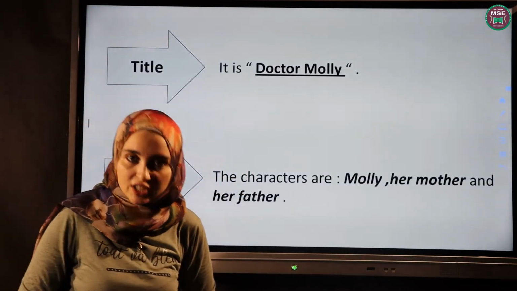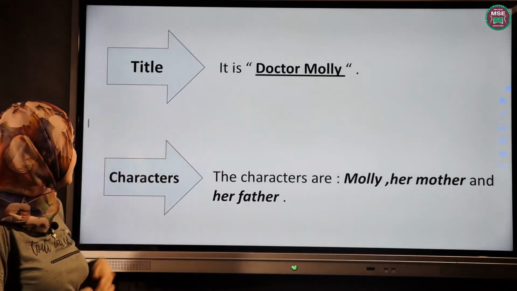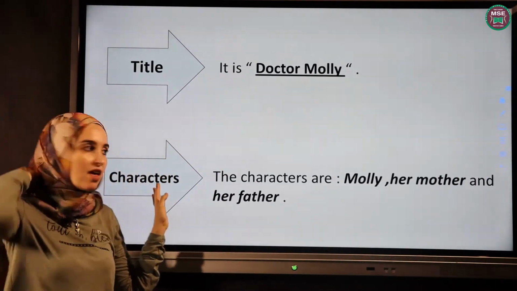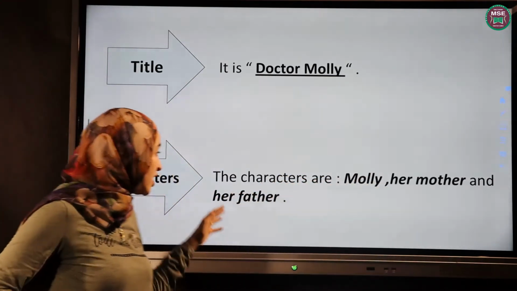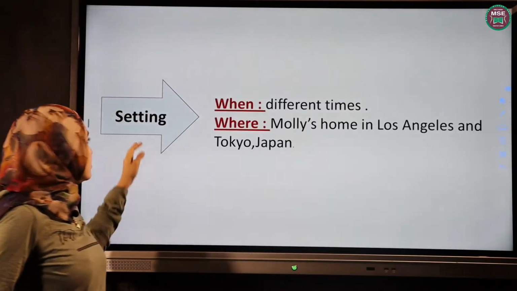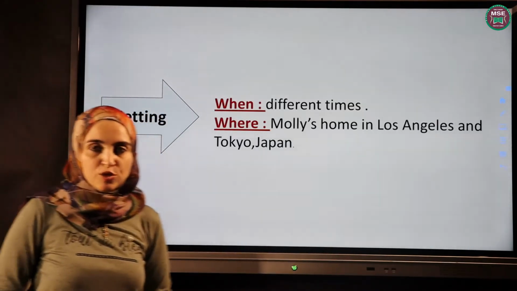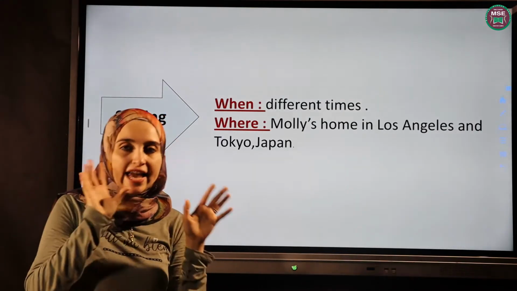Okay, the title, yes, that's right. It's Dr. Molly. What about the characters? The characters are Molly, her mother, and her father. The setting, as I told you before, we have to mention 2 things: when and where.